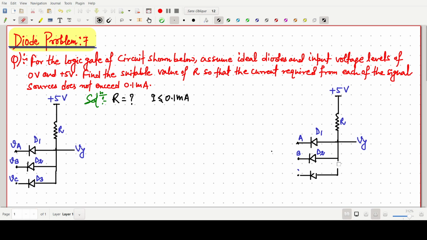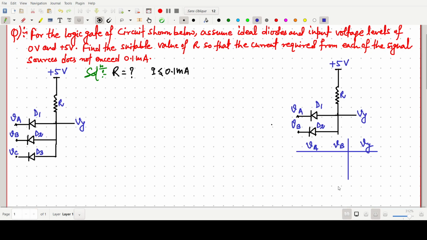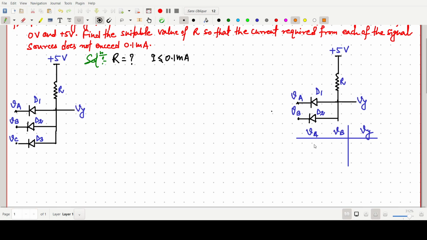It will be very clear after a few minutes why. Say there are two voltage sources, VA and VB, and VY is the output. The possible combinations will be 00, 01, 10, 11, which is just a combination of the inputs. 0 corresponds to the logic level 0 volt, and 1 corresponds to the high voltage plus 5 volt.